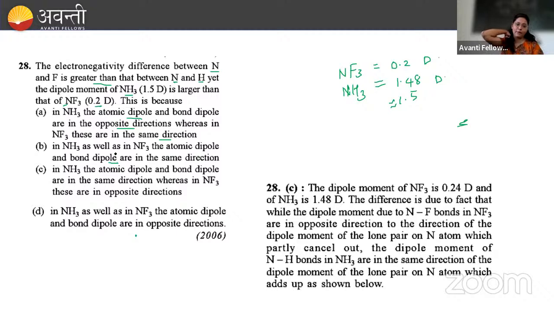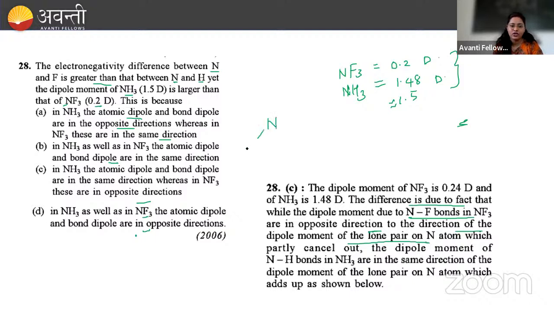In NH3 atomic dipole and bond dipole are in the same direction, whereas in NF3 they are in opposite directions. So when we talk about the dipole moment in NF3 and NH3, the difference in the dipole moment in these molecules, 1.48 and 0.2, is due to the fact that the dipole moment due to the NF bonds in NF3 is in the opposite direction to the dipole moment of the lone pair of nitrogen, in which they partly cancel out.